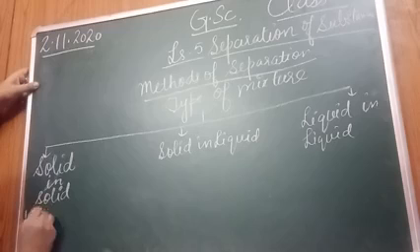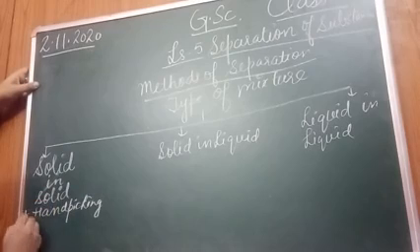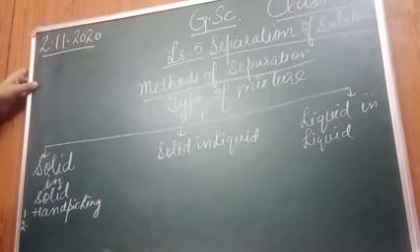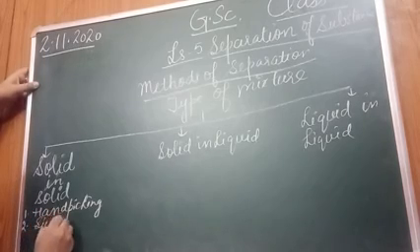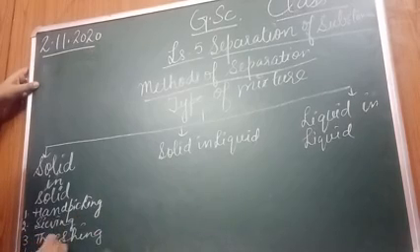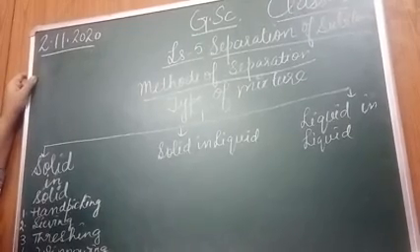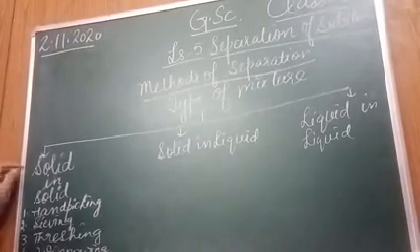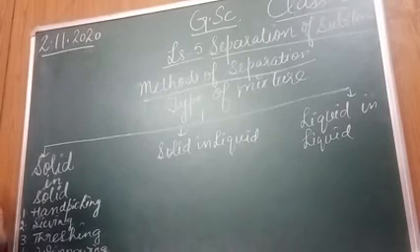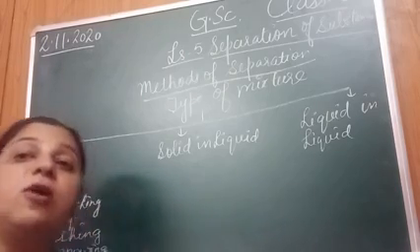They are the hand picking method, then the sieving method, then the threshing method, then winnowing. We will be discussing all the methods one by one in the class. Right? These are all the methods that are employed when all the components are solid and we have to separate out a solid component from the solid mixture.